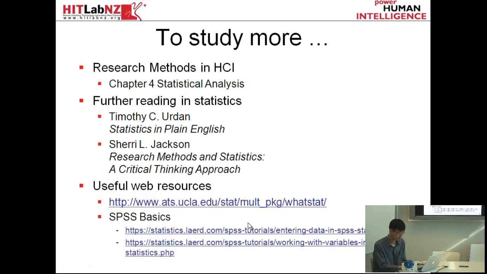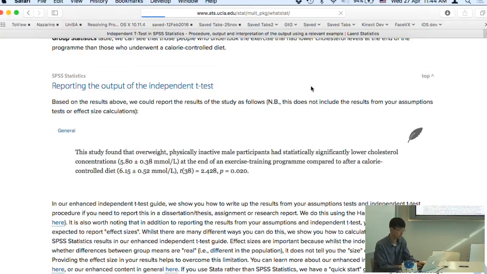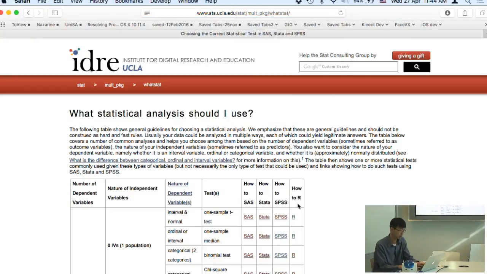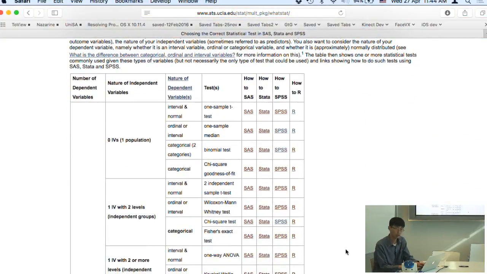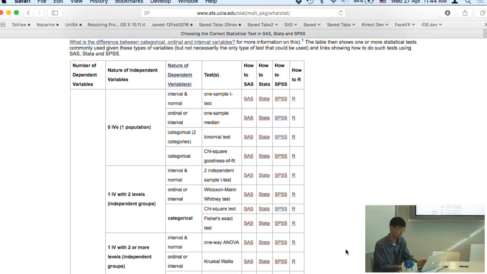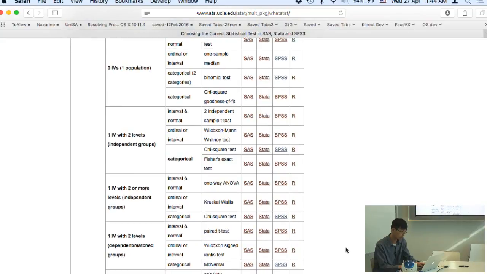One last thing I would like to point you to is this link here. The link is basically a big table of a lot of different statistical methods, both those we covered today and those I haven't covered.